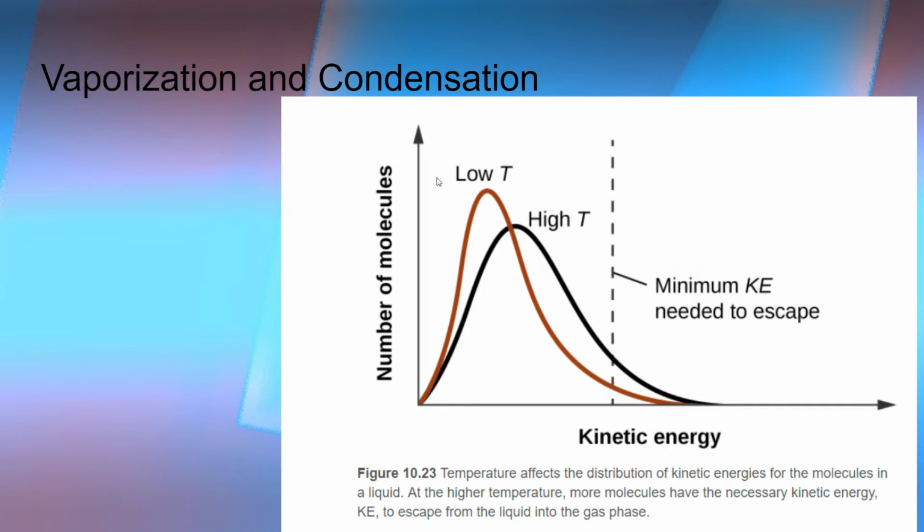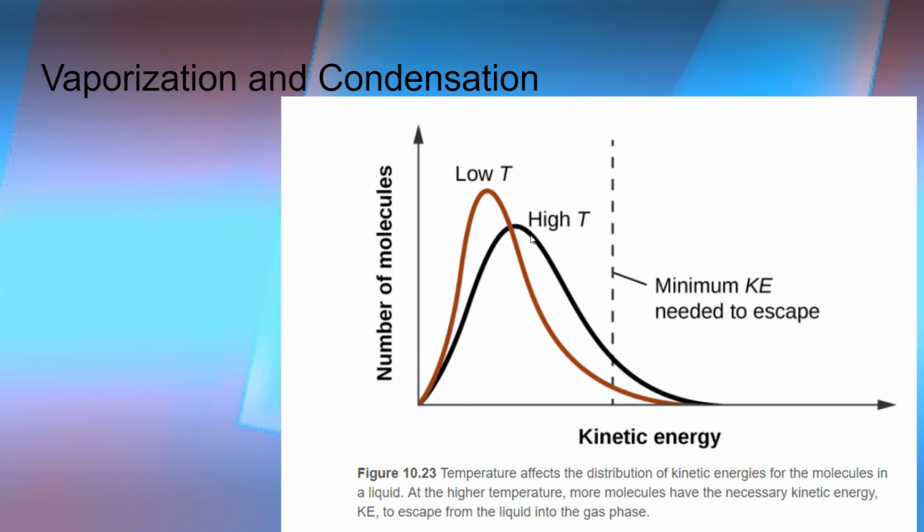So this is a diagram that shows vaporization and condensation, and low temperature versus high temperature. We've got number of molecules on our y-axis and kinetic energy on our x-axis. So as you can see here, temperature does affect the distribution of kinetic energy of molecules in a liquid.